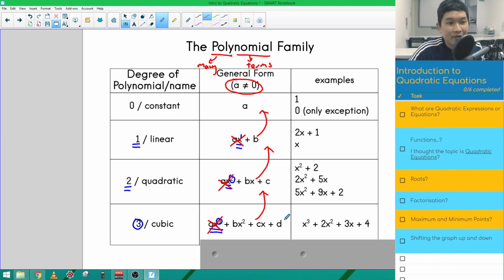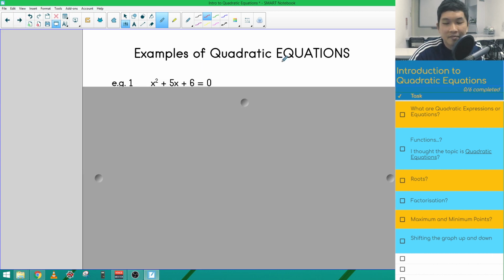Okay, now with that, let's move on to quadratic equations. What are equations? First of all, let's look at what the word equation is made up of. You can sort of see the word equal here. So when we're talking about equations, you must have an equal sign. You must have a right-hand side over here, accompanied with your expression over here.